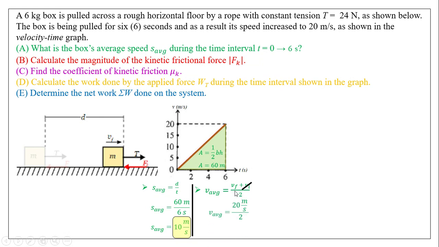So plugging in, 20 divided by 2, the answer is still 10 meters per second. Even though this is the average velocity function, I'm just giving you the magnitude, which is 10 meters per second. Now, if it asks you for average velocity, you can do the same process, except just put a positive sign in front to indicate that it is a vector. The answer is still 10 meters per second.